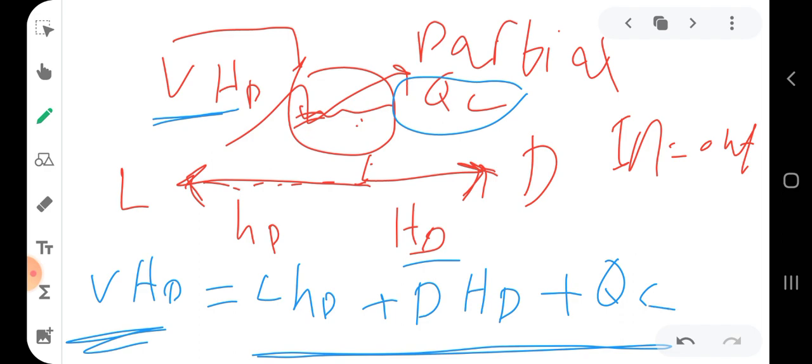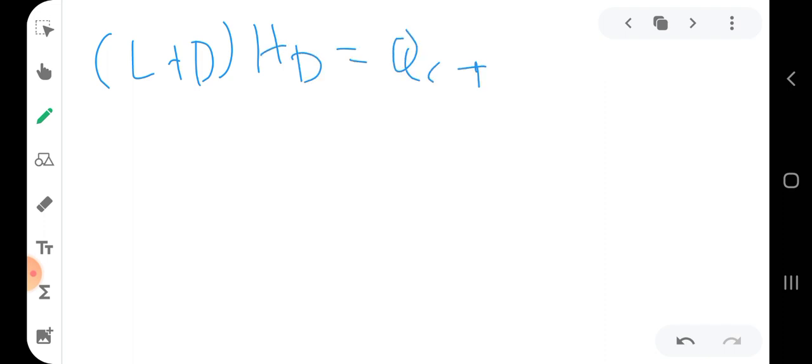Now again, replace this V with L plus D, because inlet equals outlet in terms of material balance, mass or mole. So we will have L plus D times HD equal to QC plus DH capital D plus LH small d.